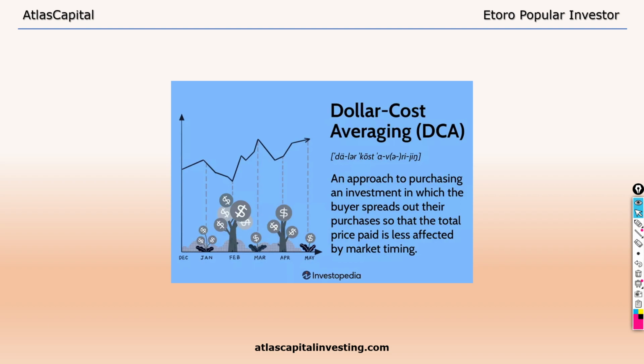But first we will look into the definition of dollar cost averaging, and as you can see from the definition, that's when you spread your investment during some period. Again, the period is not mentioned here, so it can be 1 year, 2 years, 3 years, whatever period. So we are going to see scenarios with 4 years of investment.